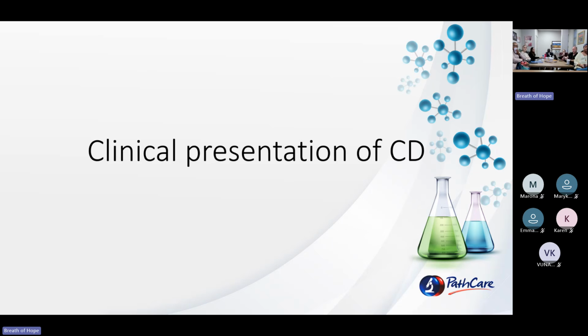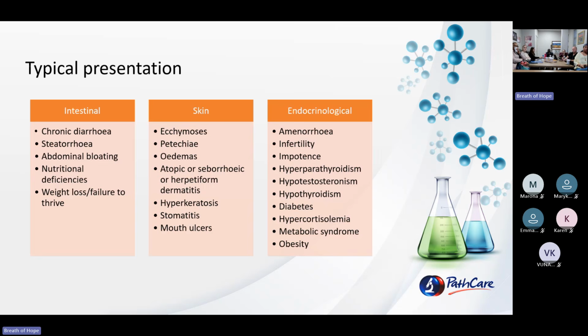So what is the clinical presentation of celiac disease? It's a lot of things. The most common or typical symptoms are your intestinal presentation. So the patients can present with chronic diarrhea, steatorrhea, abdominal bloating, nutritional deficiencies, and weight loss or failure to thrive. Also, constipation is noted in some patients.